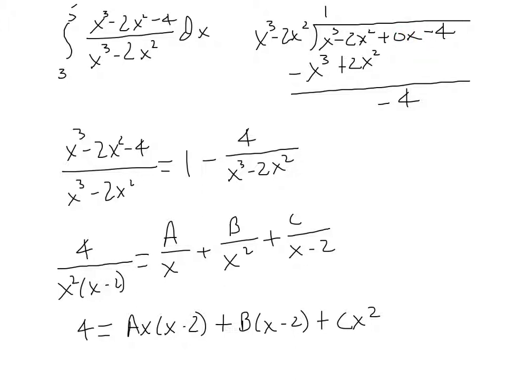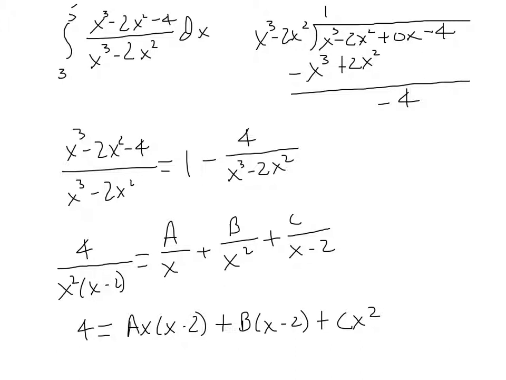It turns out it doesn't matter because all of this zeroes out and we're just left with the minus 4. So what we found is that this function, which we've rewritten here, is equal to 1 minus the remainder, 4, over x cubed minus 2x squared, the divisor.